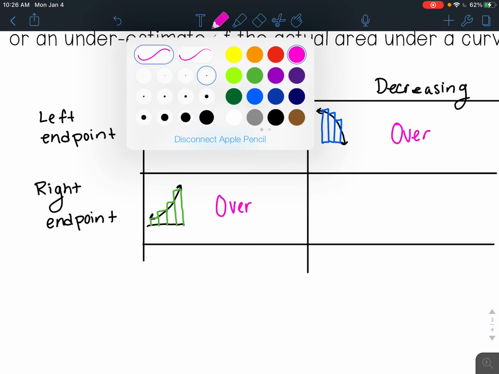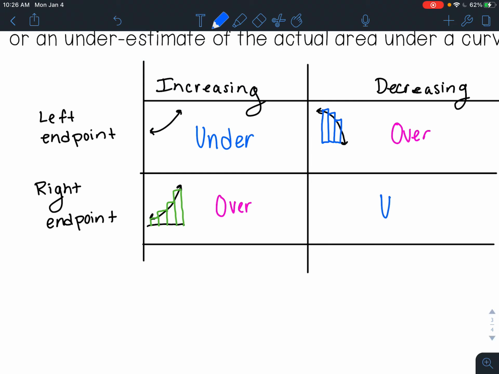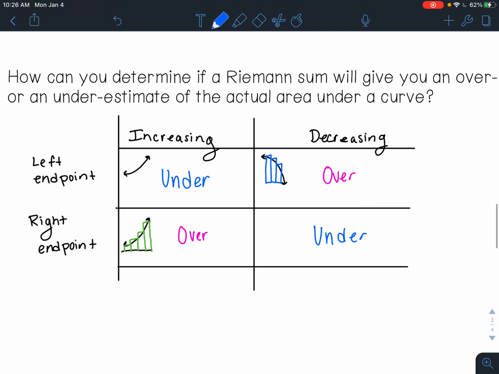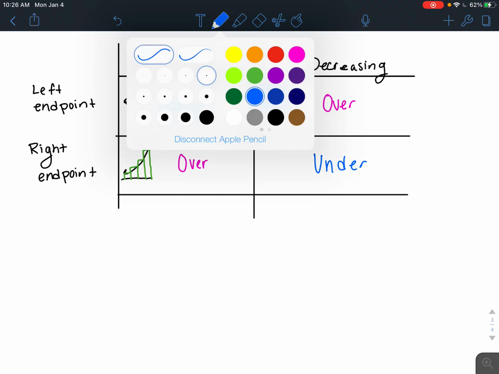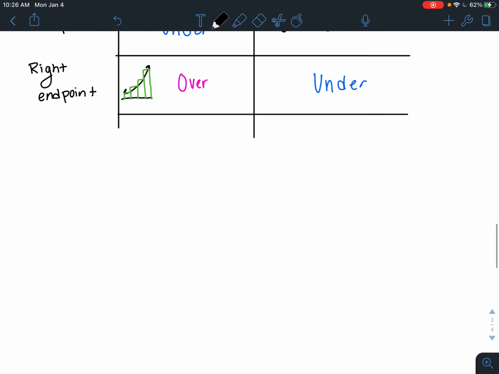It's exactly opposite for decreasing curves, because the right endpoint will be lower than the left side, so we get an underestimate. So if you're using rectangles, you want to look at whether the curve is increasing or decreasing. If you're using the trapezoidal rule, you need to go one step further with your derivative characteristics.